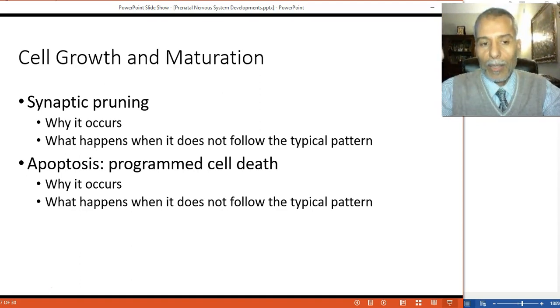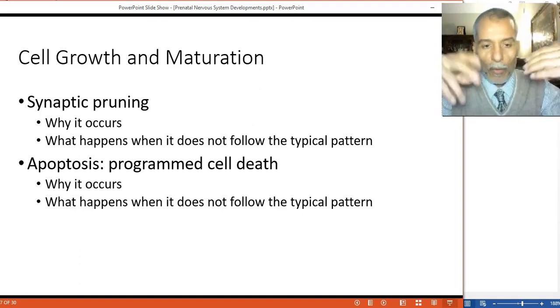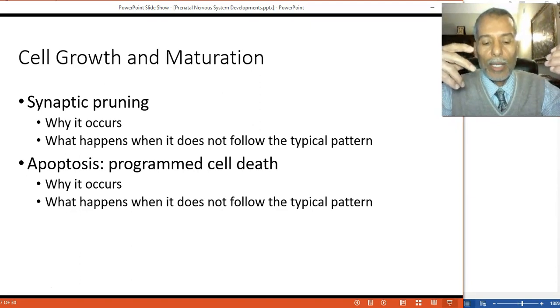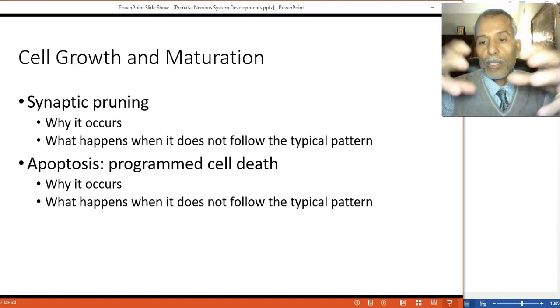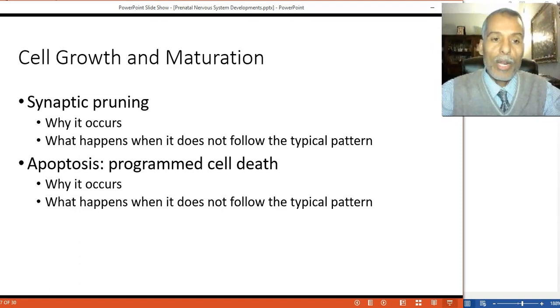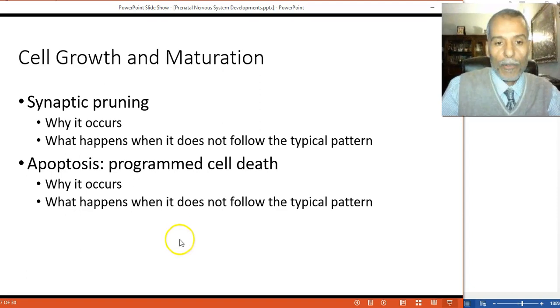So again, the processes of apoptosis and synaptic pruning are part of cell maturation. They also enable the existing cells to grow bigger and to make more connections, and the networks themselves to develop and to function. It is not the number of neurons in the end. It is more the connections that you make with the different areas that are nearby and the distant areas in the brain. That is what makes the biggest difference.